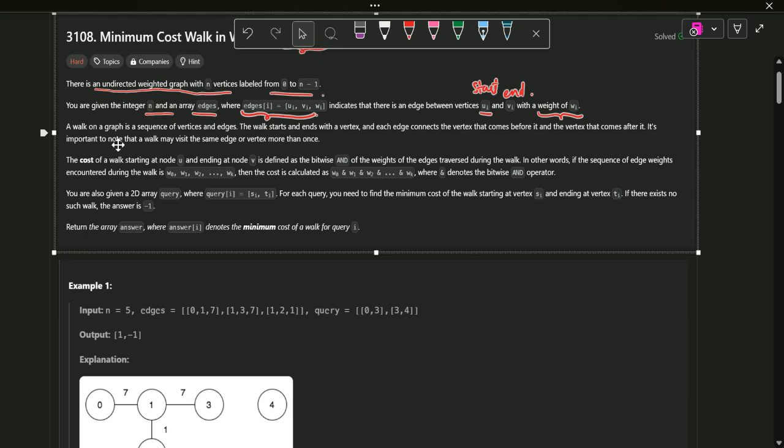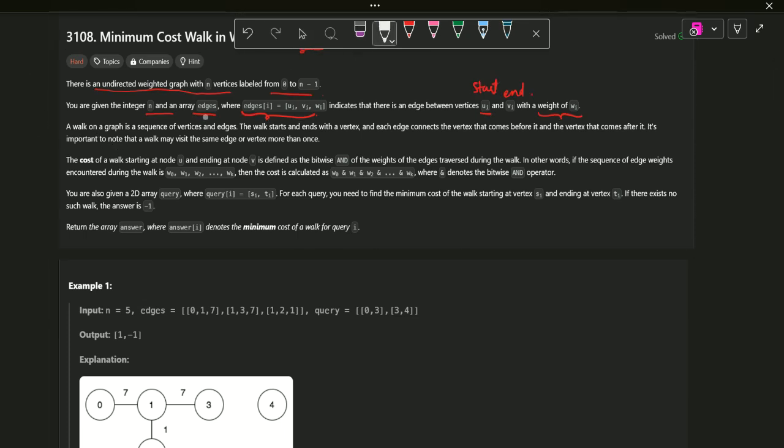Now, a walk on a graph is a sequence of vertices and edges. The walk starts and ends with a vertex, and each edge connects the vertex that comes before it and the vertex that comes after it.